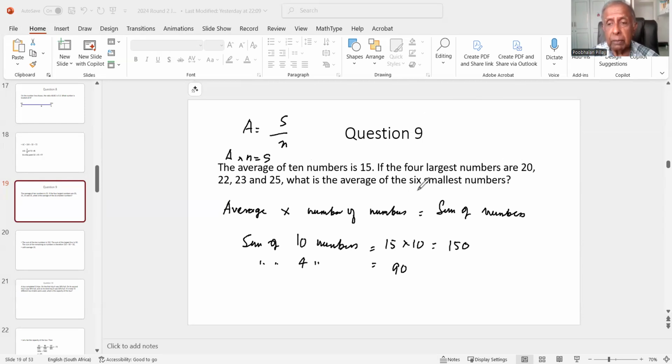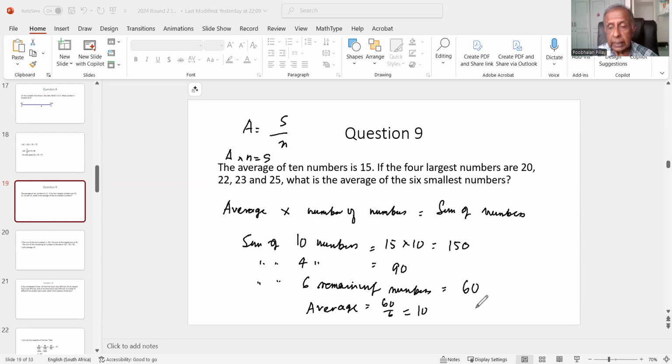Now they ask you for the average of the 6 smallest numbers. So we can work out what the 6 remaining numbers sum to. It has to be 60, because all 10 is 150. And therefore, if the sum of those numbers is 60, then the average will have to be 60 divided by 6, which is 10.